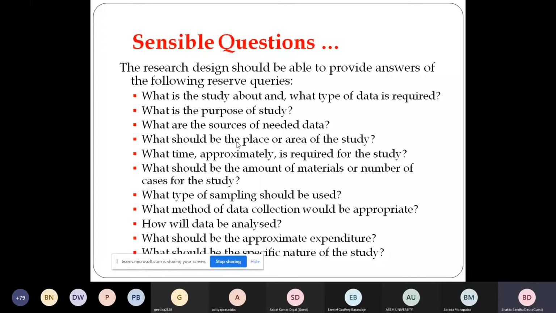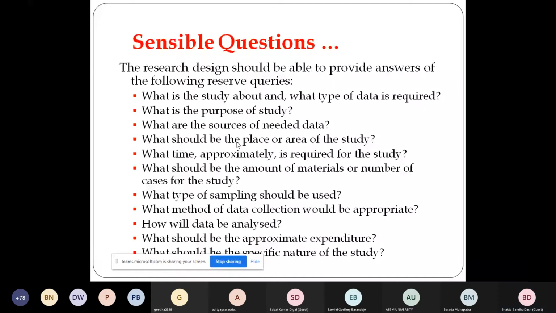Very important thing, it talks about the expenditure, budgeting. You have to go for specific budgeting for your research. What is your capital expenses, capex and opex? For your capital expenses, suppose you purchase a laptop, you want to procure some software and all.